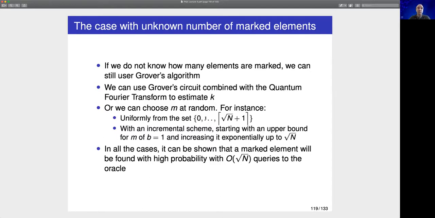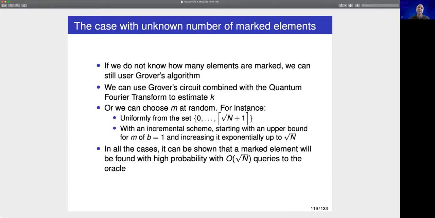Or we can use a modification of Grover's algorithm, in which we select the number of iterations that we do with this oracle and diffusion operator uniformly from this set here, or we select the number of iterations starting with 1 and then exponentially increasing up to the square root of n.